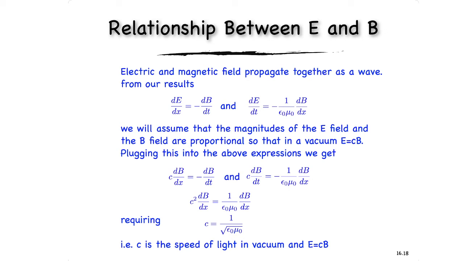So you could probably guess what the speed of a light wave in a material would be. If we know epsilon for the material and mu for the material, we just plug those in. And if you remember, epsilon and mu were always greater than or equal to the values in vacuum, which means the speed in a material is always less than or equal to the speed of light in vacuum.